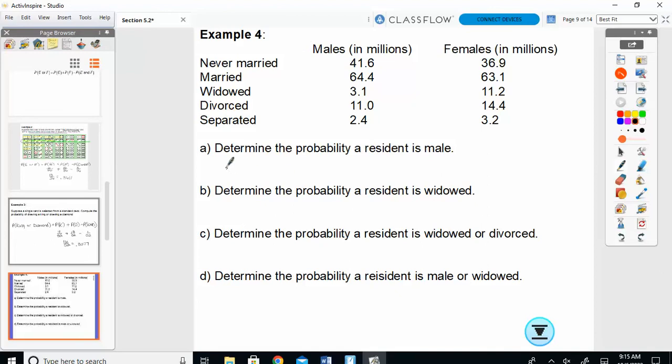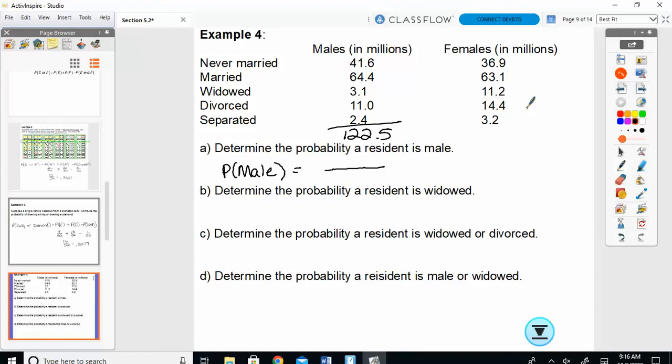The first thing I'm asking for is the probability of being a male. So we need to do what? Add up all the males. And what would we divide it by? Total there.